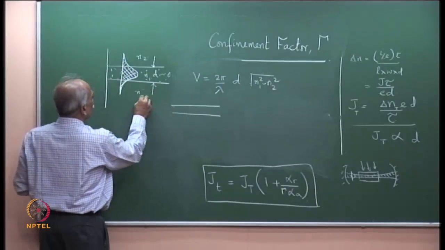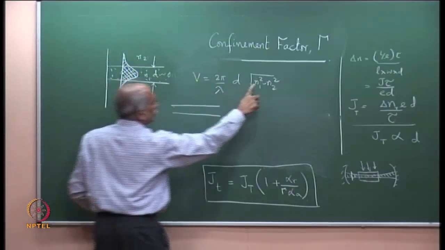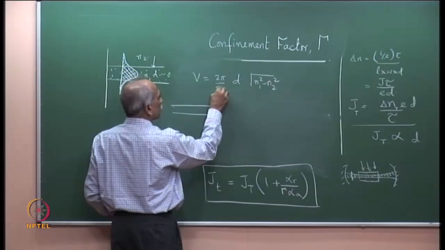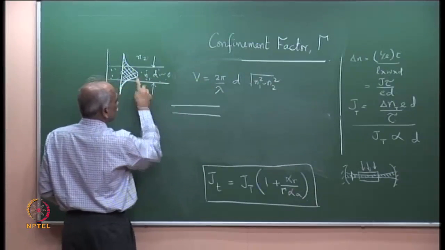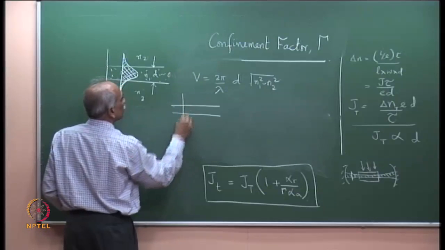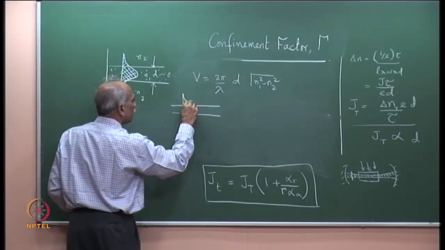same n1 n2, no change in n1 n2, the wavelength of operation is the same, and therefore if I reduce d, in this case what will happen is the mode will spread further.